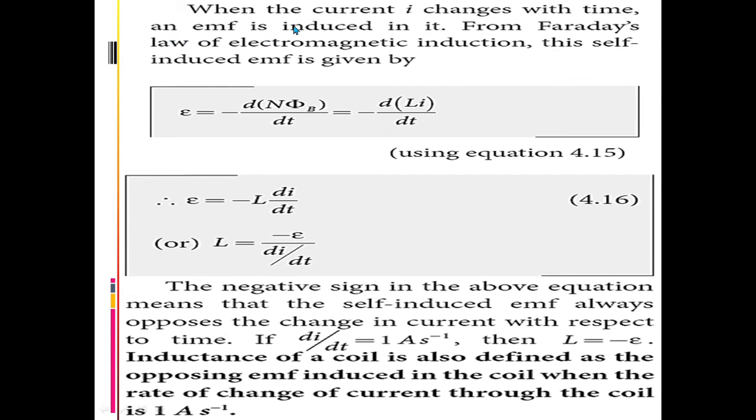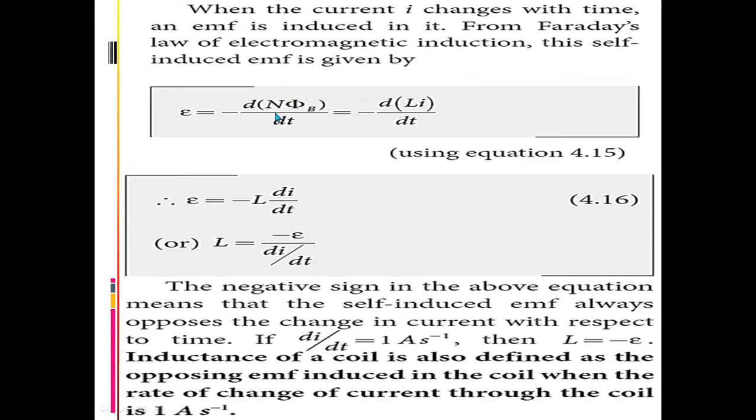When the current I changes with time, it produces a magnetic field, so magnetic flux is linked with the coil, and an EMF is induced in it.